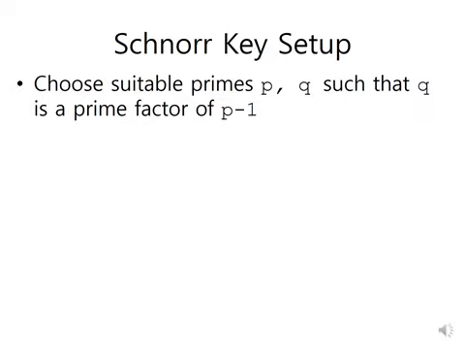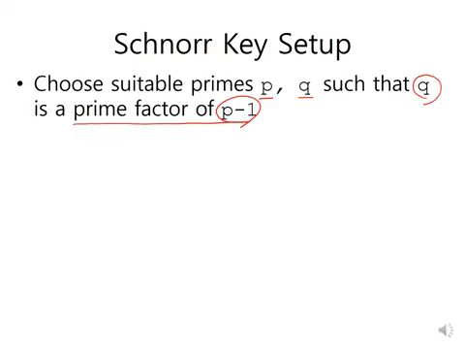Let's see the detailed algorithm of the Schnorr digital signature. The first is key setup. In this case, we need to choose some public parameters. So p and q are selected. They are both prime numbers, but q should be a prime factor of p-1.